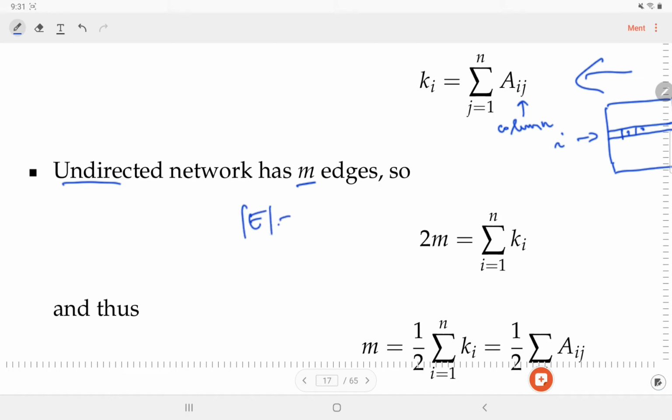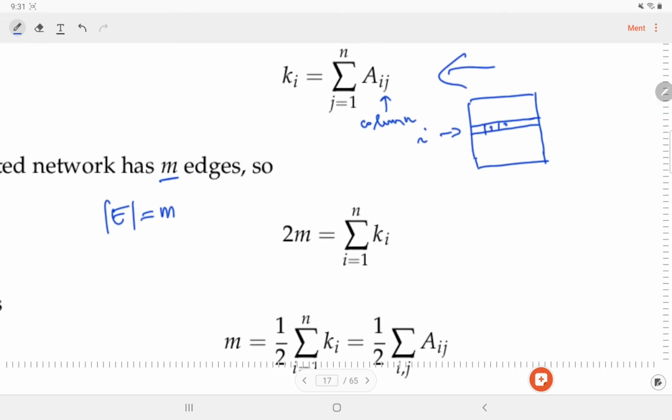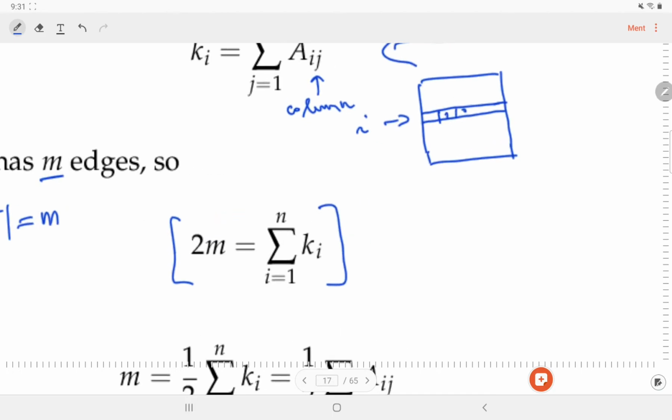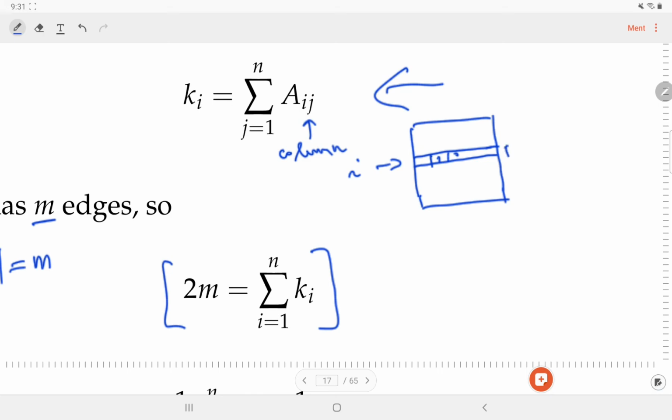Okay, so the cardinality of the set E is equal to m. Now it's also easy to see that in that case we get this equation here, which comes from the fact that, just getting back to this matrix, if we do a row sum, then we get a number here.